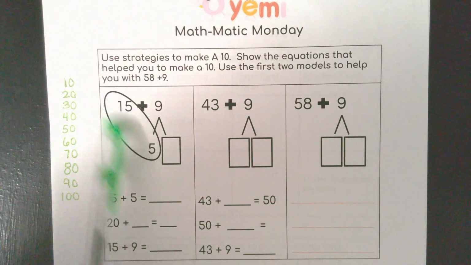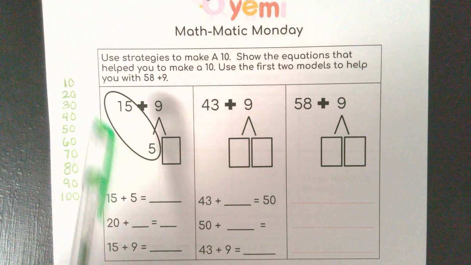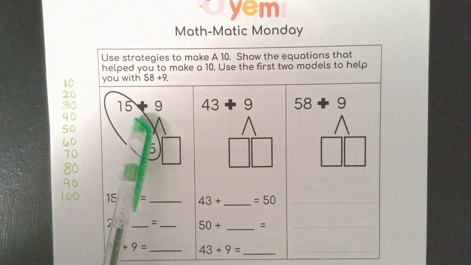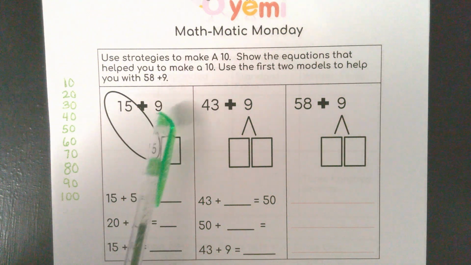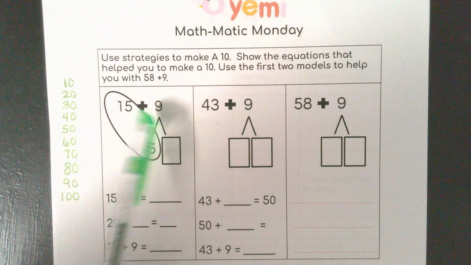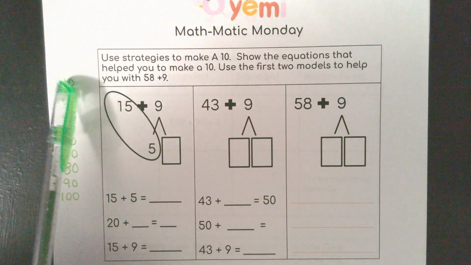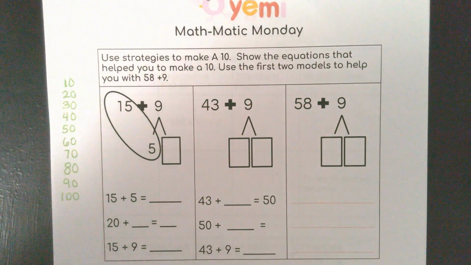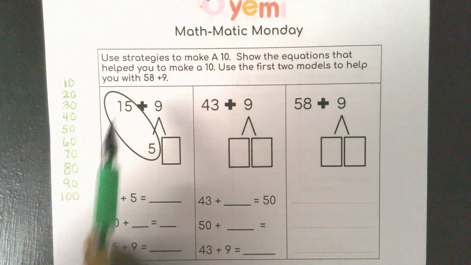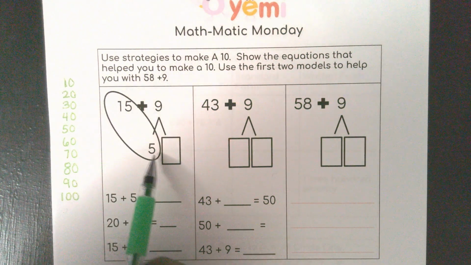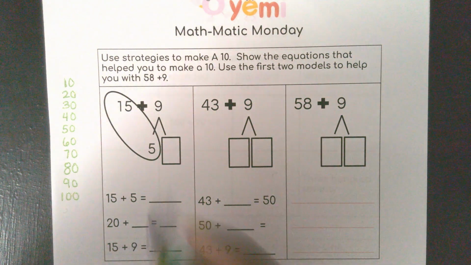So here's an example for you. 15 plus, what do I need from this 9 to make a 10? Well, 15 is greater than 10. So the next 10 I can make is 20. 15 plus 5 will equal 20.